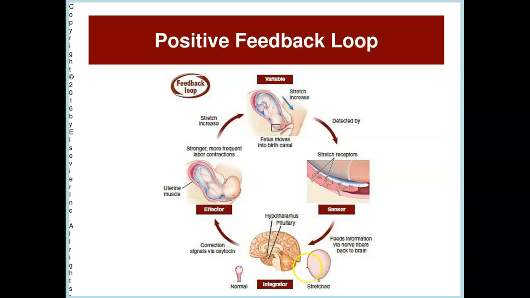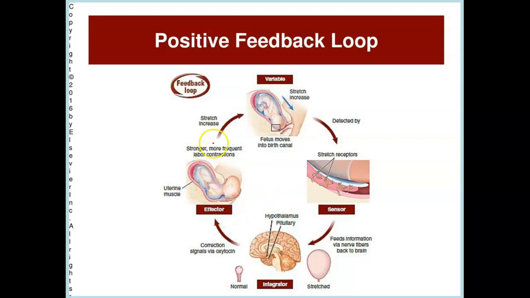When the cervix and the uterus are completely stretched, the brain says, oh, time for the baby to come out, and the hypothalamus and the pituitary start making oxytocin. The oxytocin starts the uterine muscle contracting, and as the contractions occur, the baby is moved out of the birth canal.